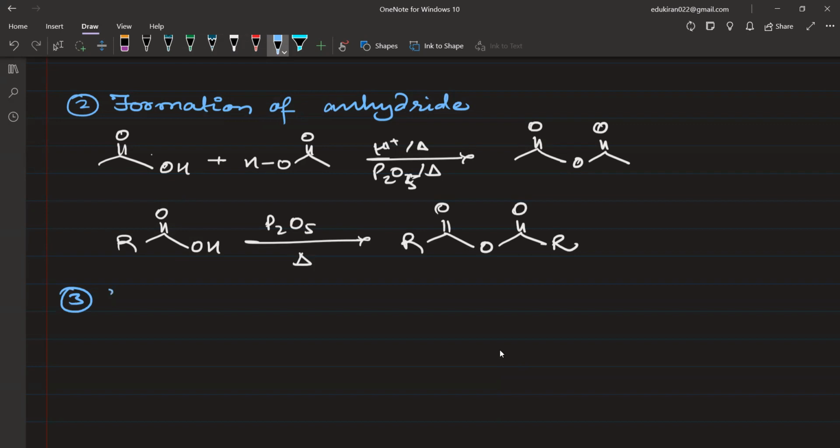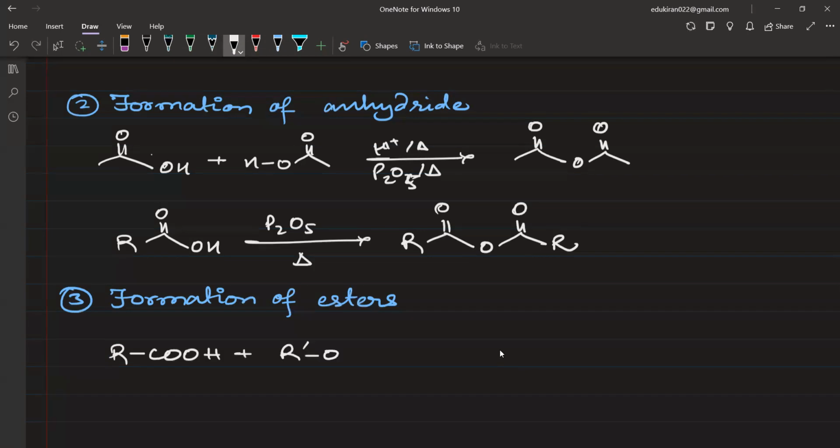All right, third reaction. Formation of esters. Formation of ester is the reaction with alcohol. So if you have RCOOH plus R dash OH, then in the presence of H plus, it is kind of a reversible reaction.